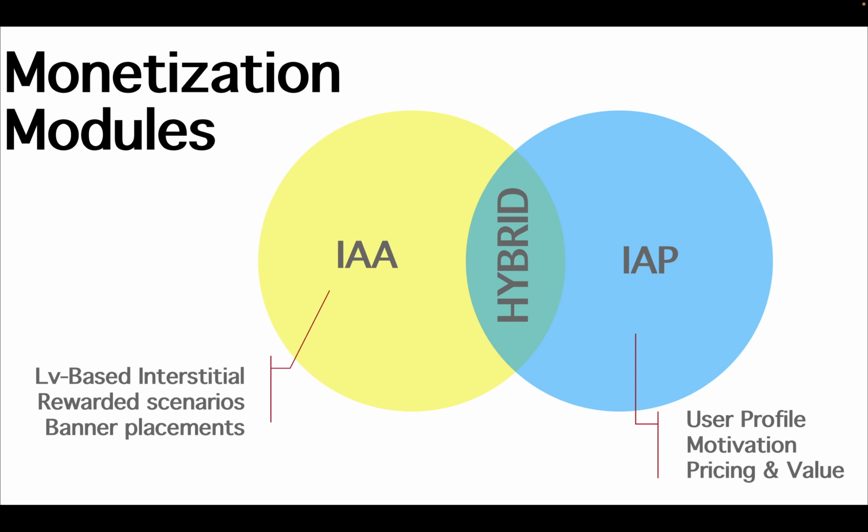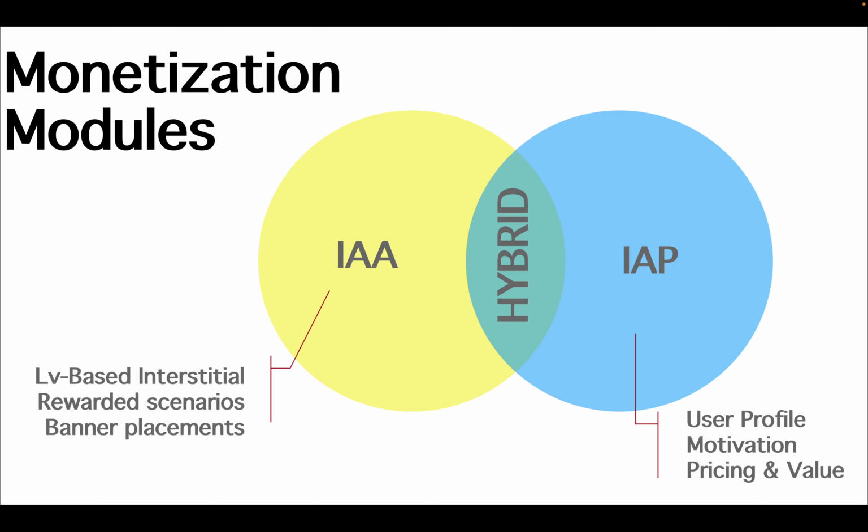On the in-app purchase side, it's definitely more complicated, which looks easier but isn't. You should be very selective in understanding your user profile, what they actually do through analytics or A/B tests, and what their motivation is.